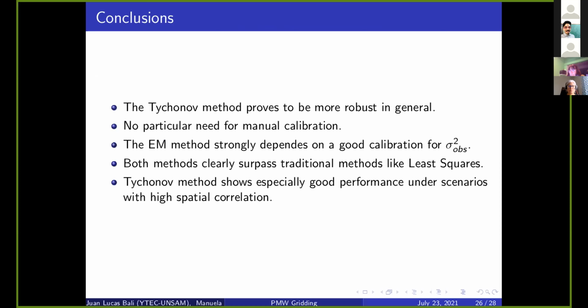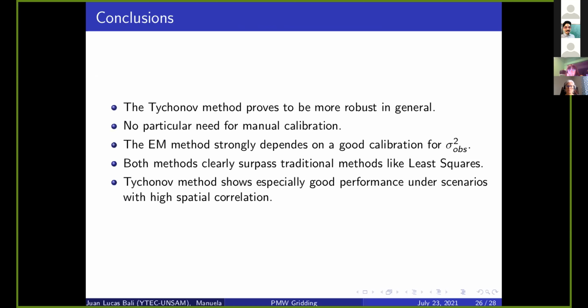We tried Backus-Gilbert, which is used for geophysical inversion problems. It's very expensive to run, and it did not prove to give good retrievals. And we recommend this kind of Tikhonov adaptation method especially for highly correlated scenarios.